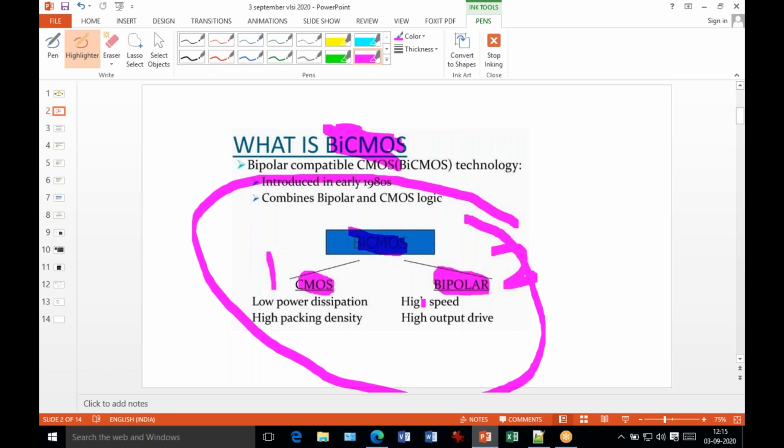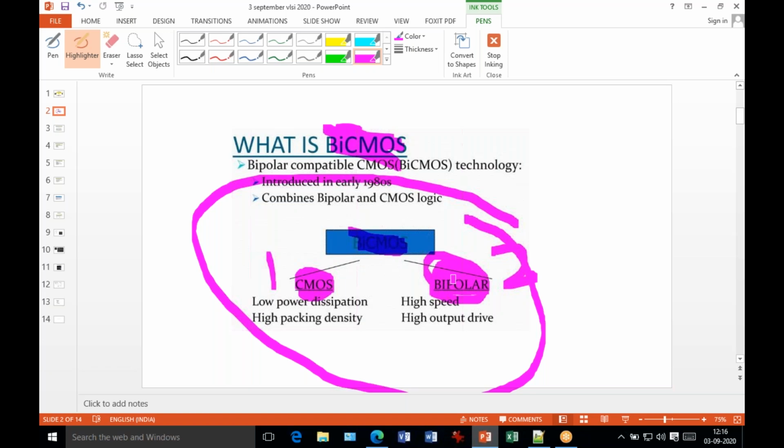So that is our agenda for today. Just to understand, BiCMOS is a combination of CMOS and bipolar devices in a single circuit. If you combine both types of devices in a single circuit, then the performance of the circuit is very good.